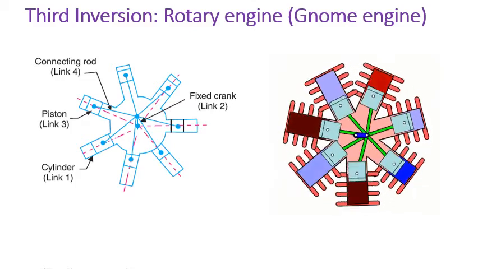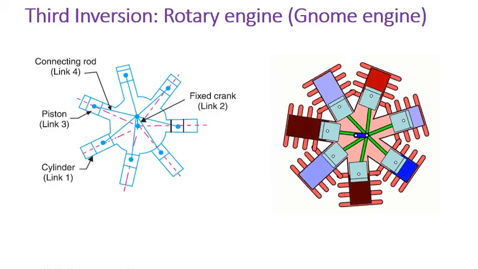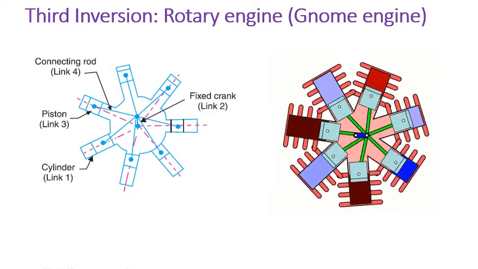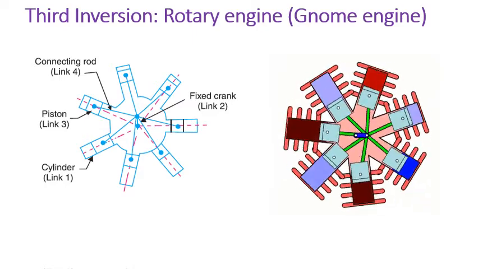It is a rotary cylinder V-type IC engine which consists of 5, 6 or 7 cylinders in one plane, and all revolve about a fixed center. This is the fixed center. All these cylinders revolve about this fixed center. In this mechanism, link 1, that is the cylinder, revolves.